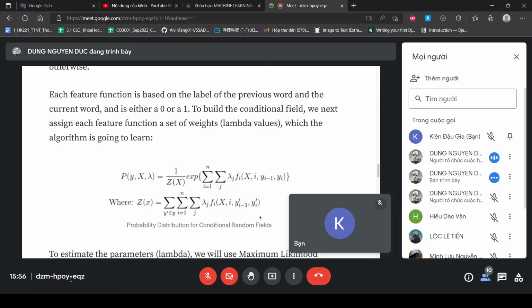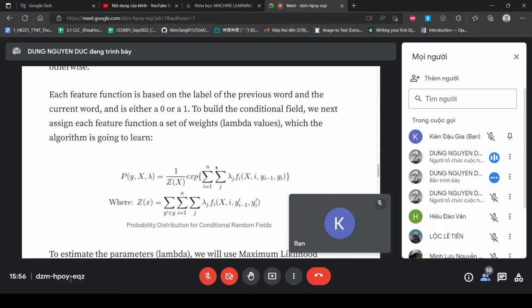So again, if you have j features, then you have to sum over j functions like that one. Do you get it? So a feature function is a way to extract some information from the input at step i.